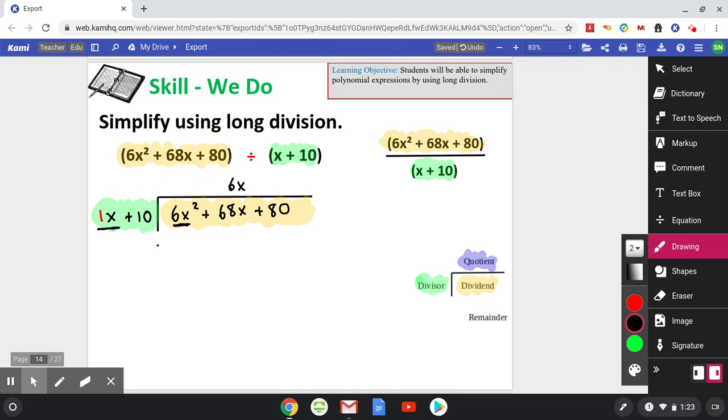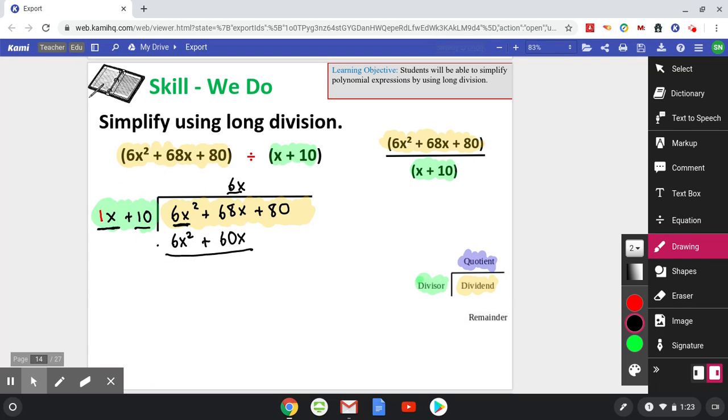Okay. Now let's multiply the 6x times both the 1x and the 10 in order to perform the next step. So 1x times 6x is 6x squared. 6x times 10 is 60x.